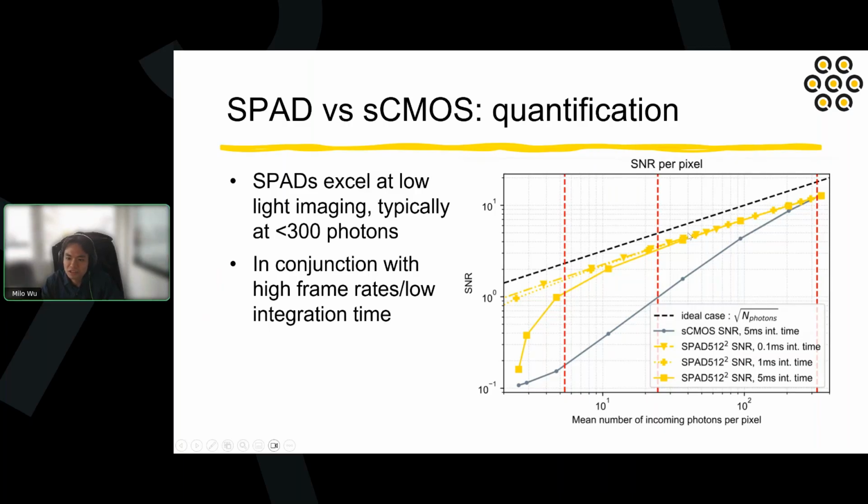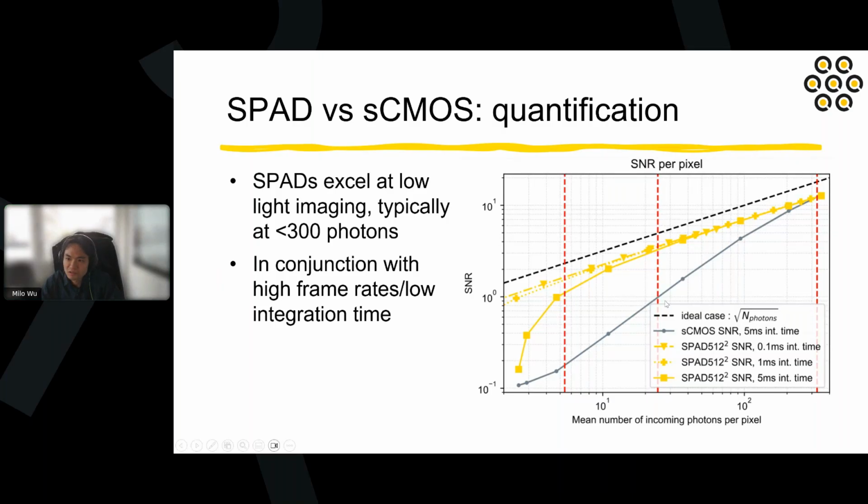In conjunction with the high frame rate or low integration time, you can see that if the SPAD is working at a slower frame rate or longer integration time, here 5 milliseconds of integration time, you can start to see the degradation of SPAD performance due to the dark count, which is analogous to CMOS camera dark current.